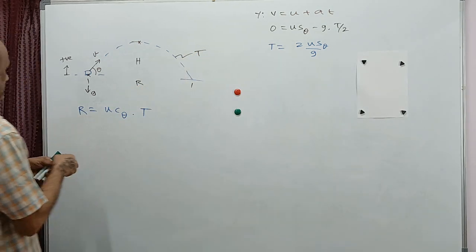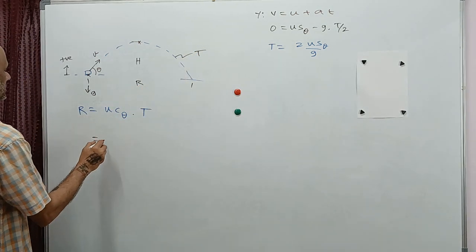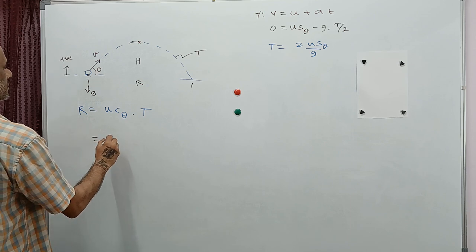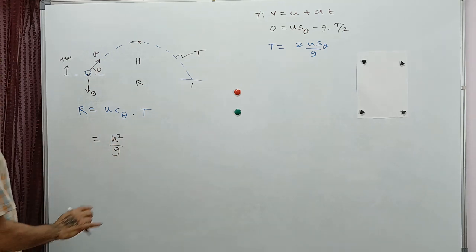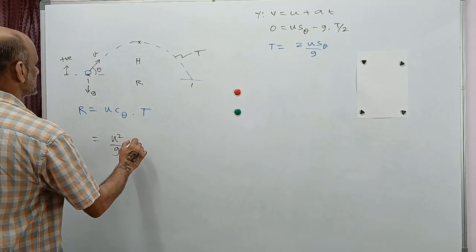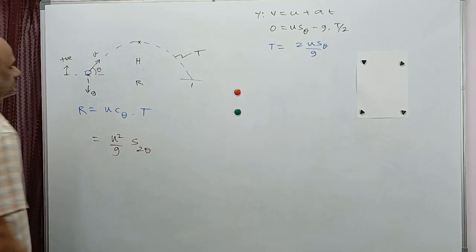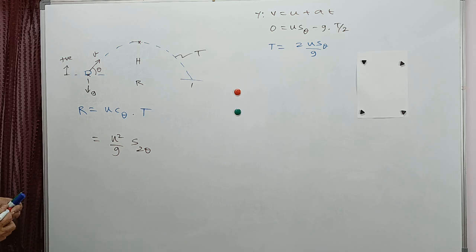So using that here, the range of the motion is u square by g times 2 sine theta cos theta, that is sine 2 theta. Twice sine theta cos theta is sine 2 theta.